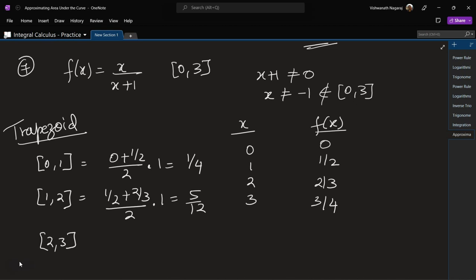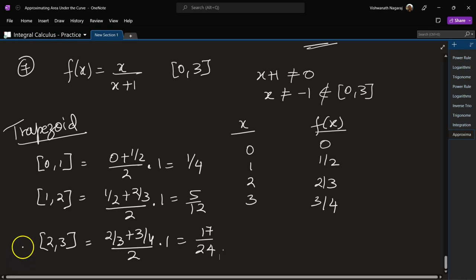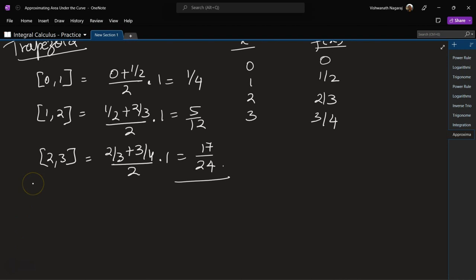And 2 to 3 will give us 2 by 3 plus 3 by 4 by 2 times 1, which is 17 by 24. And if we add up all these fractions, we get 33 by 24, which gives us approximately 1.375. Okay, so that is the area under the curve in this interval.